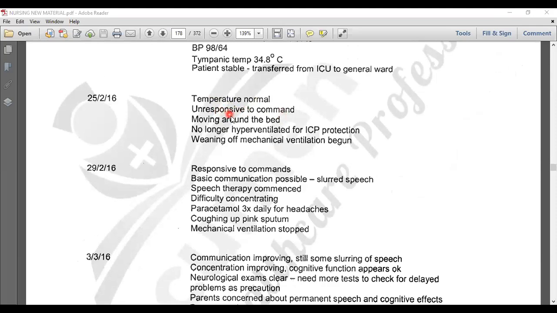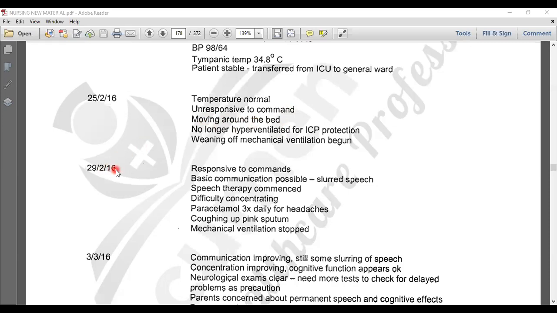And since she is moving around the bed, no longer hyperventilated, weaning of mechanical ventilation begun, and temperature is normal. But this is a typo here, moving around the bed. It is some mistake in the typing because here it is given unresponsive to command. So obviously she cannot move around the bed. Okay, so this is a typo.